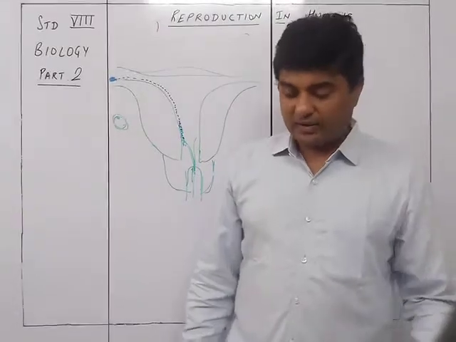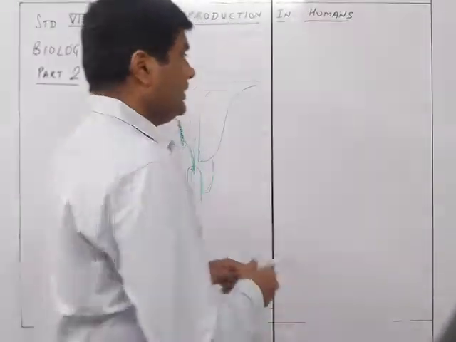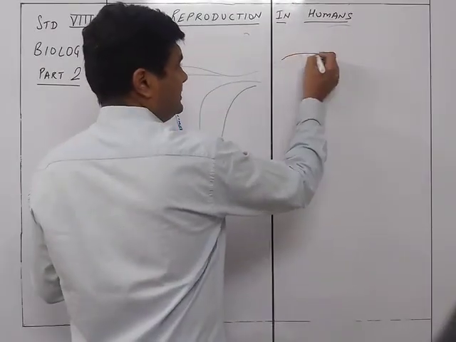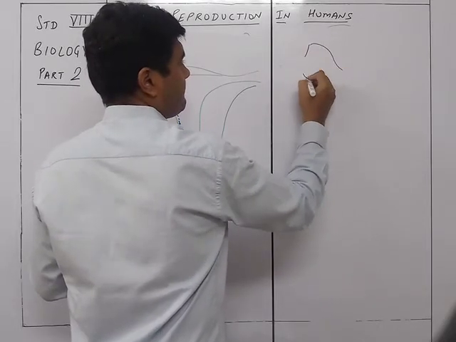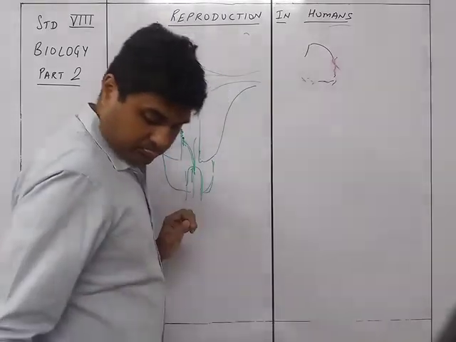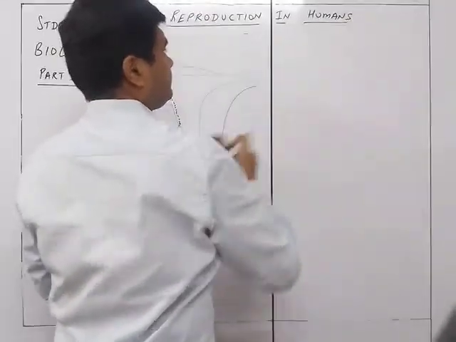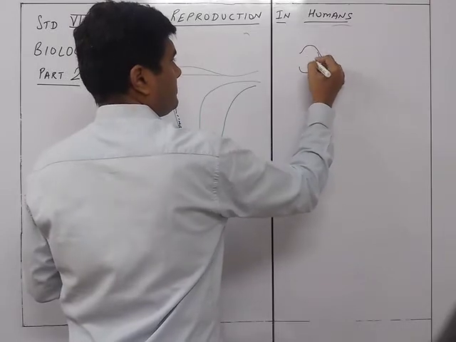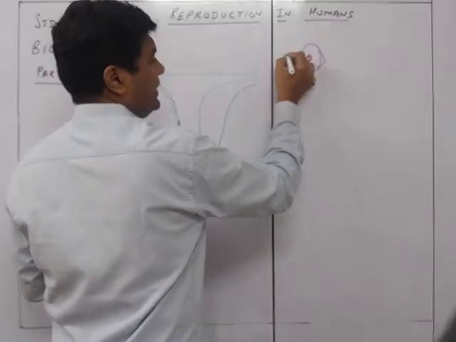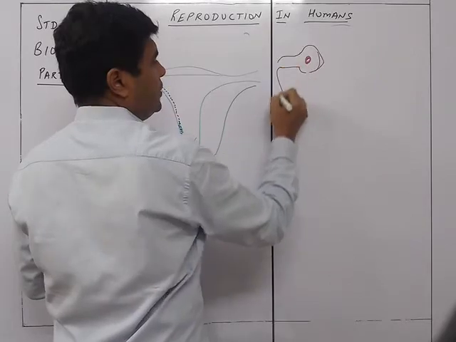penetrates into the egg. I just explained in the earlier figure that the sperm is like this. There is the nucleus, and then there is a tail over here.